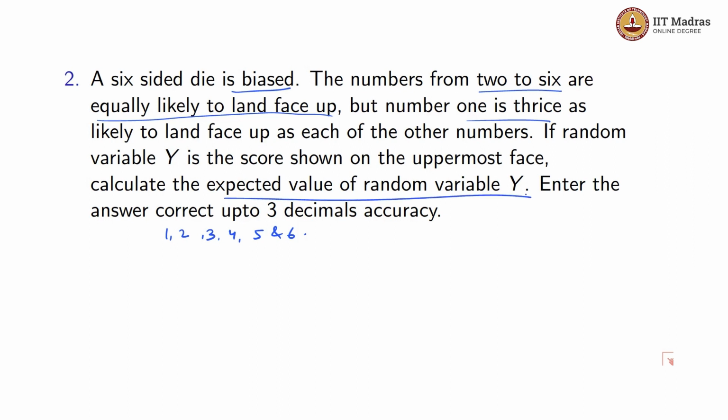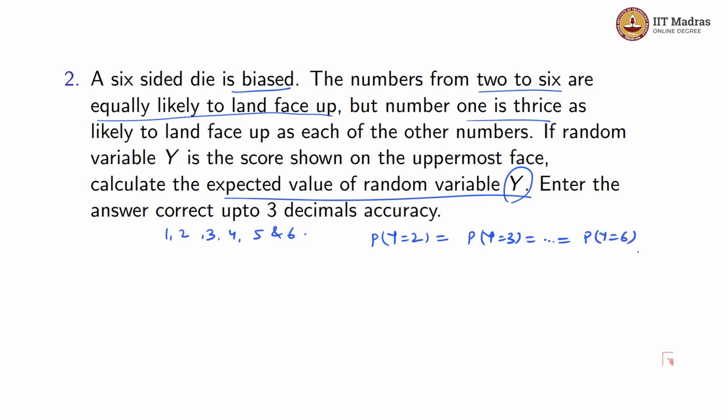So we have defined our random variable as the number it will show on the uppermost face, with the given information that the probability that it will take value 2 to 6 is the same, similarly 4, 5 and till 6.